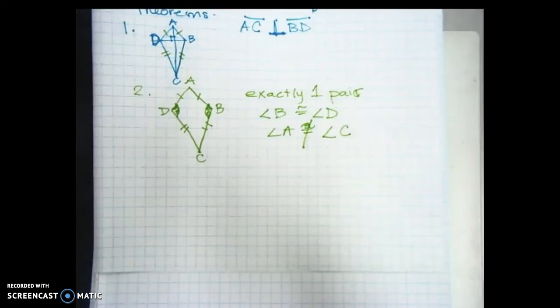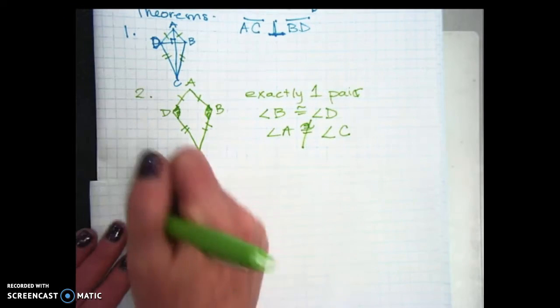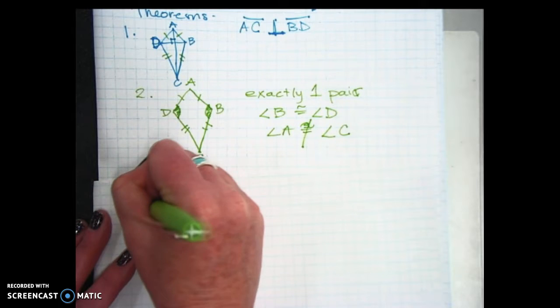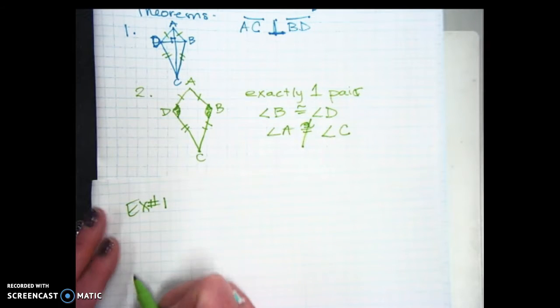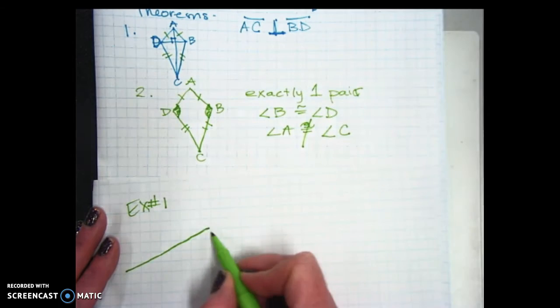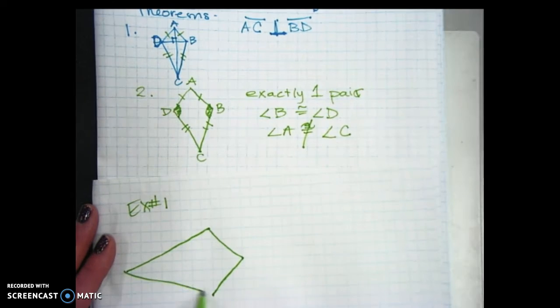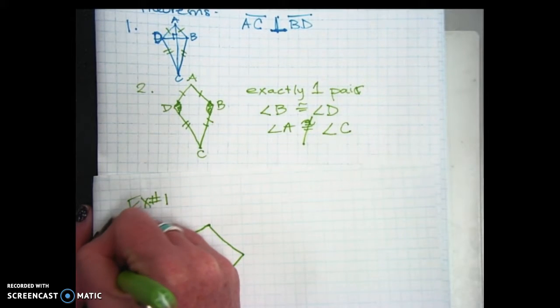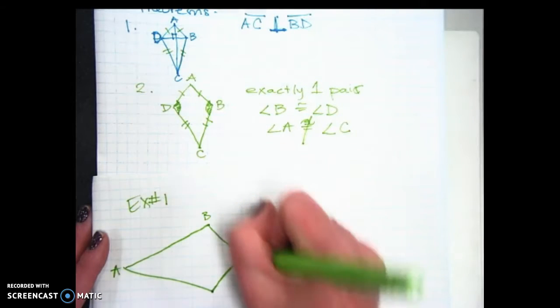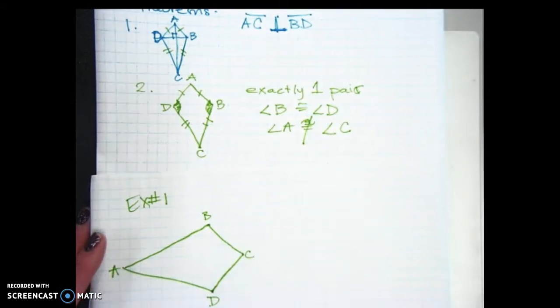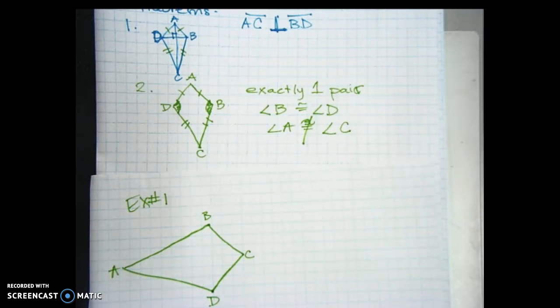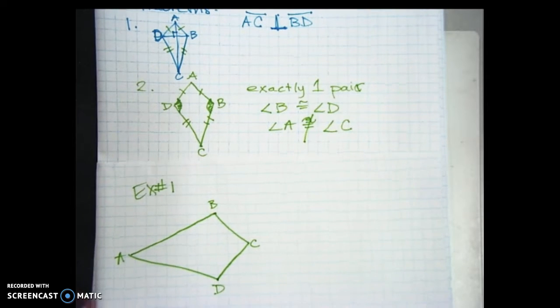All right, I'm going to move this up. You'll see it in just a second. There it is. All right, example number 1. So we're going to look at a kite. I'm going to draw it sideways here. So here's a kite.